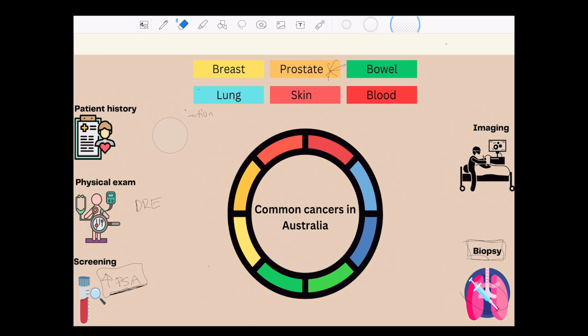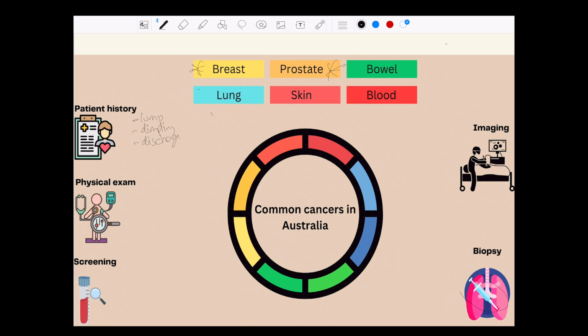So that's prostate. Let's move now to breast. So breast, let's first look at the patient history. So we've got something like lumps. Through self-examination, that could be lumps in the breast or lumps under the armpit, so the axilla, which would be suggestive of lymph nodes. There could be dimpling of the breast tissue or discharge from the nipple.